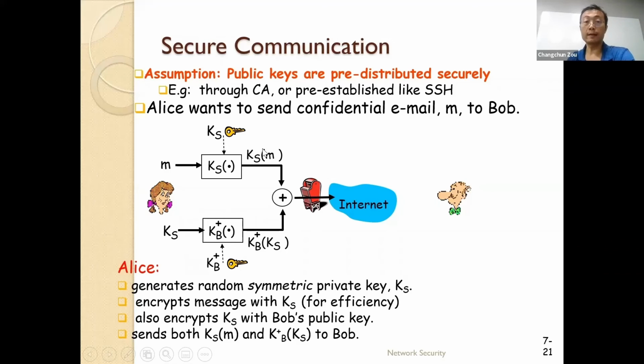So KS is used to make the message confidential. The KB plus encryption makes sure you can distribute this symmetric key to the receiver in a reliable, secure way, because KB plus encryption on KS is a ciphertext. An attacker cannot decrypt it. Only whoever has KB minus can do the decryption and recover KS. So only Bob can recover this key KS.